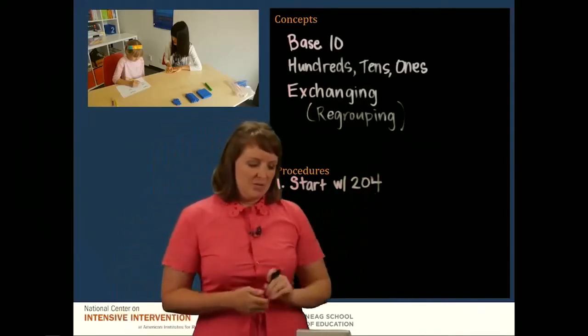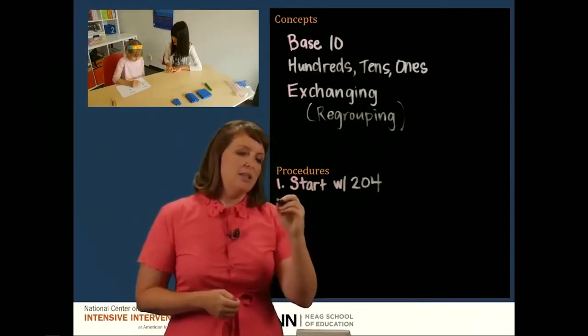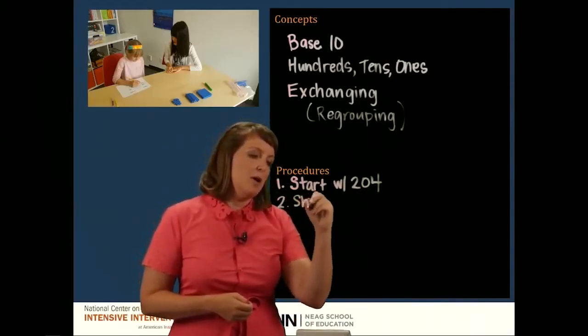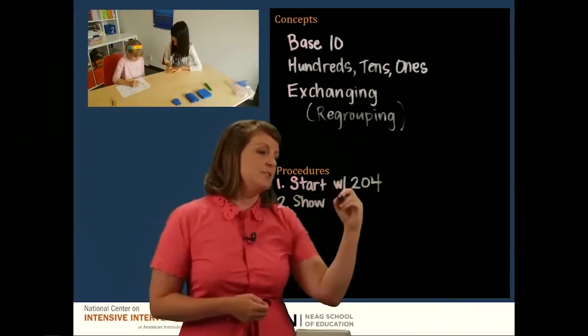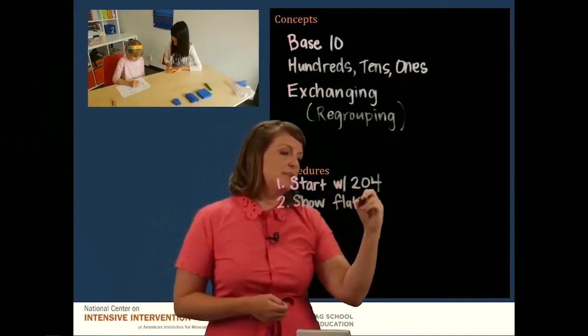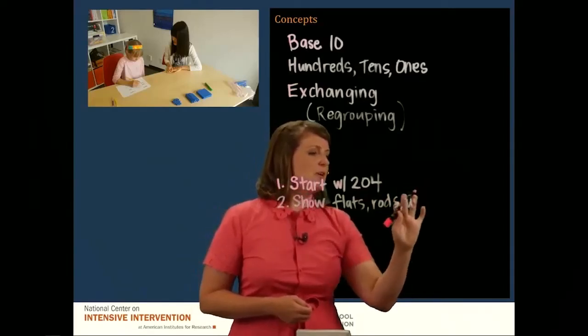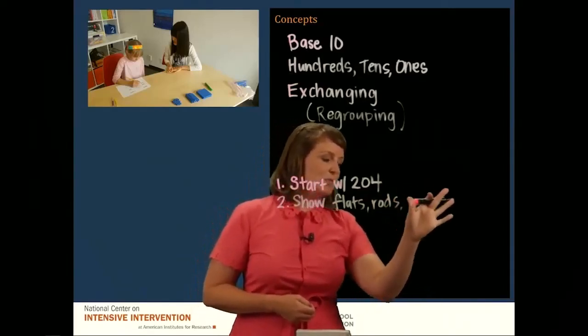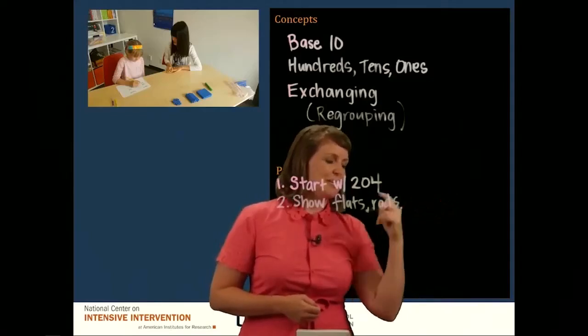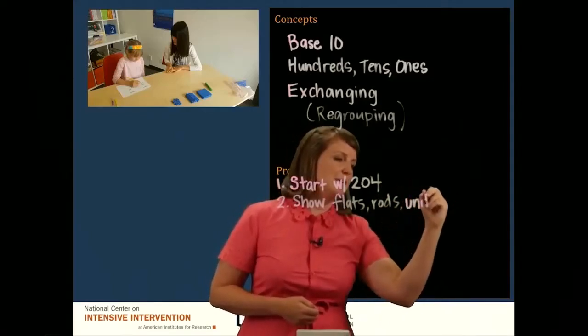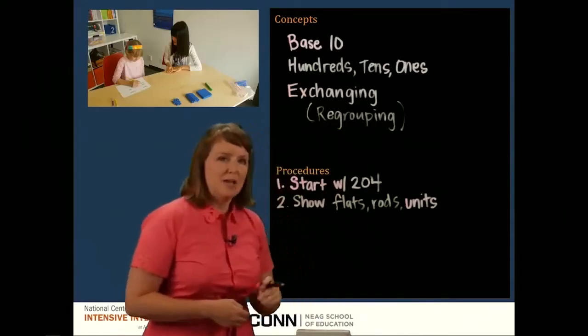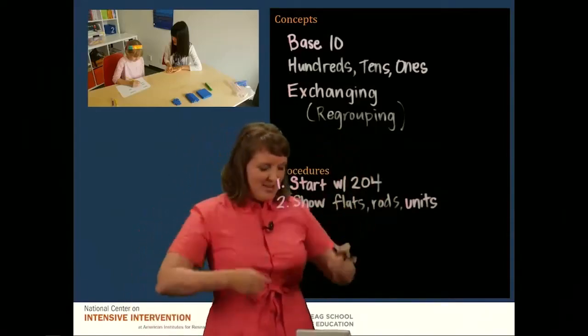So she started with the minuend of 204. And then she had the student show the hundreds, tens, and ones, or as here she called them the flats, rods, and units. Or she didn't call them units, I called them units, she called them cubes. I'll go ahead and write units because I feel like that's the more correct way to talk about those, and that's what will be in your memory.